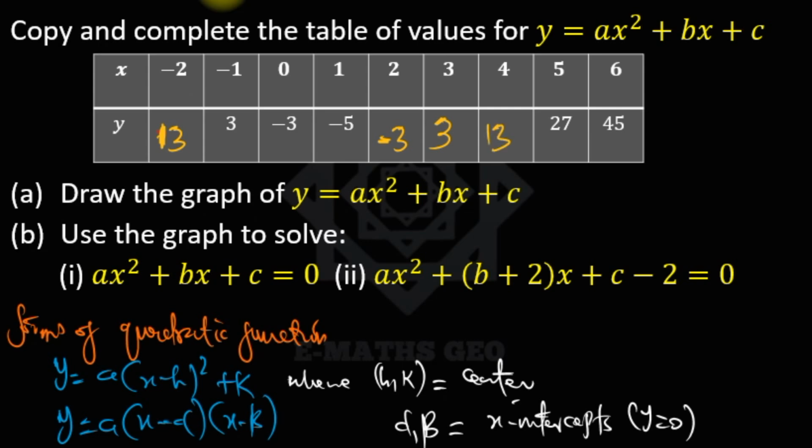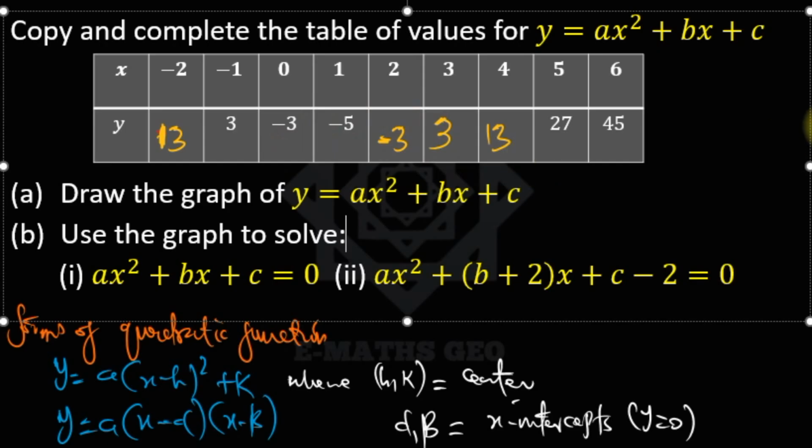Let's now plot the graph. But before you plot the graph, you need to check the maximum and minimum. Do you see that the minimum for x is minus 2, the maximum is 6, so we have more positive, so our origin will shift to the left.